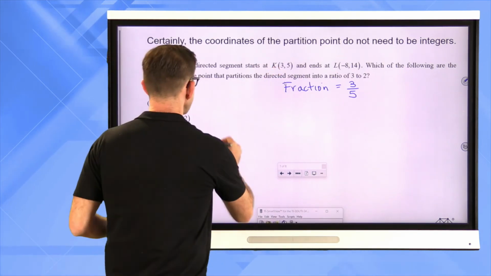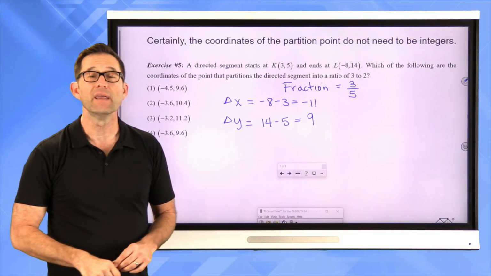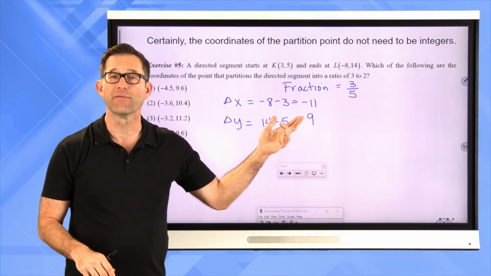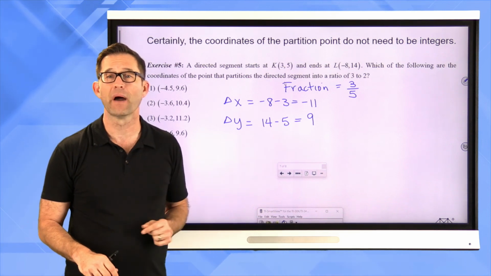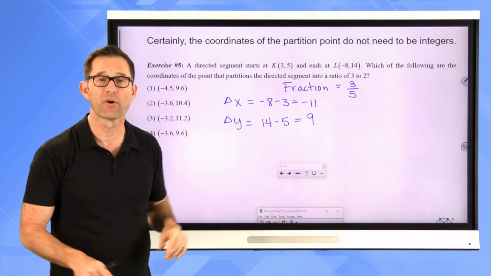Okay, so let's figure out our change in x and our change in y. Our change in x is -8 minus 3, or -11. And our change in y is going to be 14 minus 5, which is equal to 9. So I need to add 3/5 of my -11 and 3/5 of my 9 onto my starting point, 3 and 5, to get my partition point.